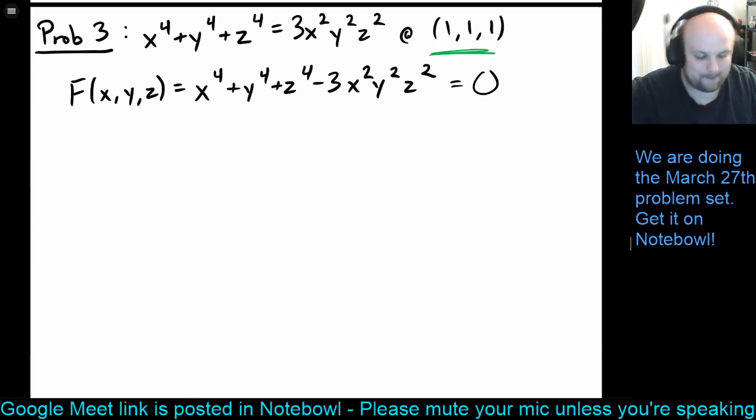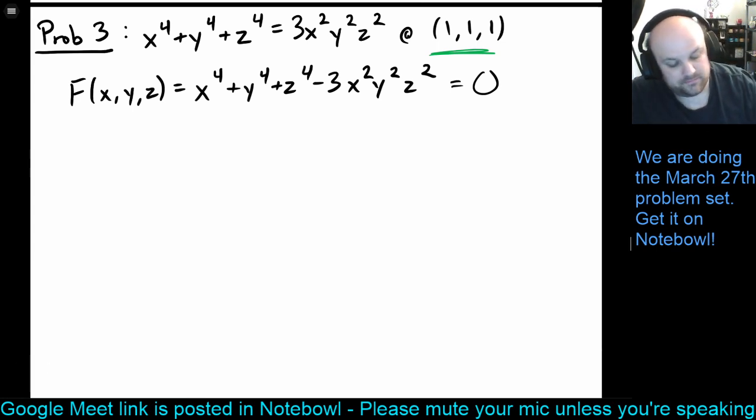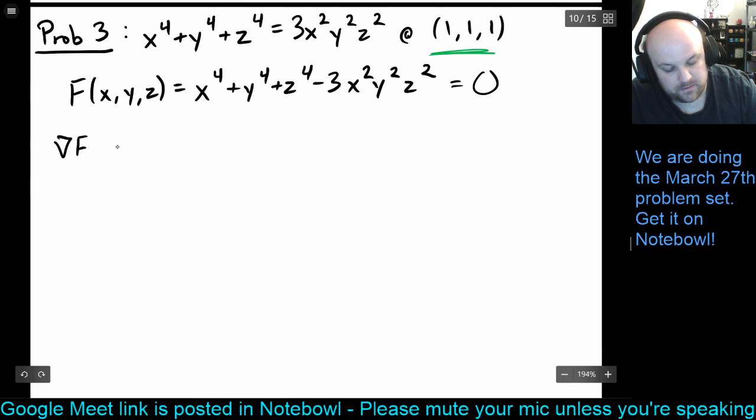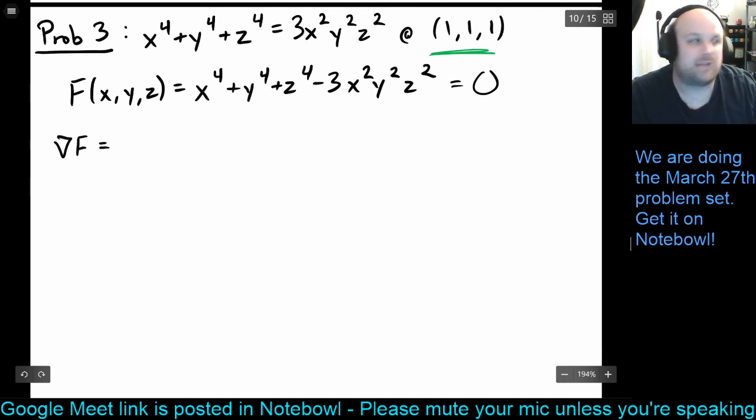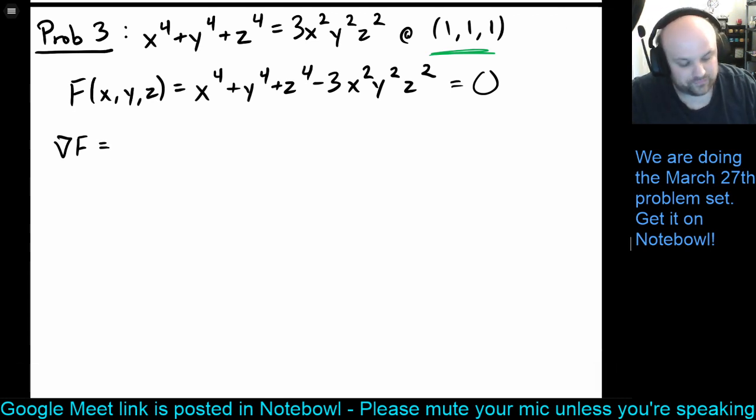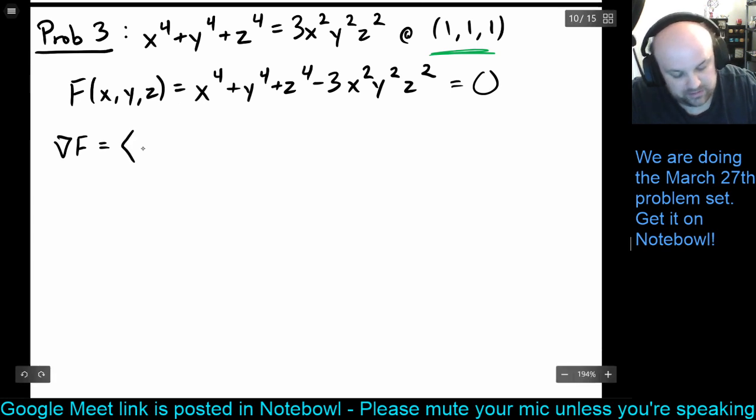Our specific level surface would be when that's equal to 0. So, gradient of f. This is how we're going to get our hands on the normal vector. Gradient of f would be 4x cubed, this is gone, this turns into negative 6x y squared z squared.